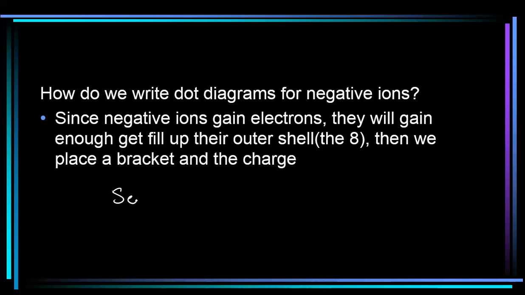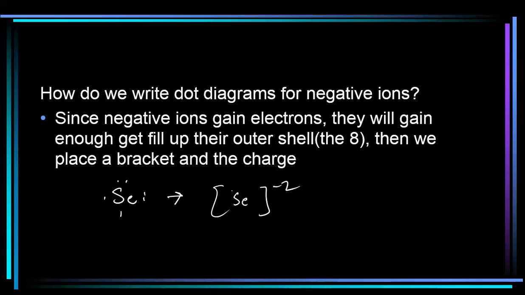Okay, here we go. Selenium. Dot, dot, dot, dot, dot, dot. Alec, show me selenium as an anion. So you put it in the thingies, better known as brackets, and then it's -2.